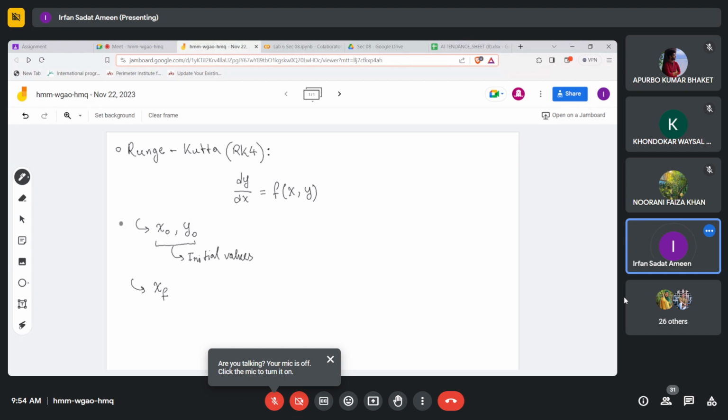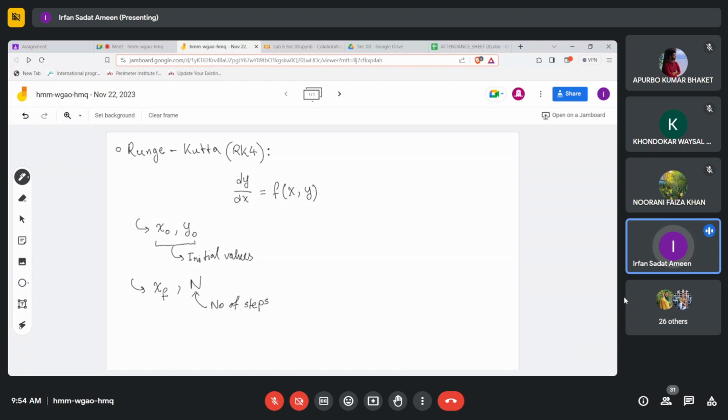Okay. What else did we need? We needed the value of n, right? So what was n? This was just the number of steps. The number of steps is required so that you can choose a greater value and you will get a better approximation.